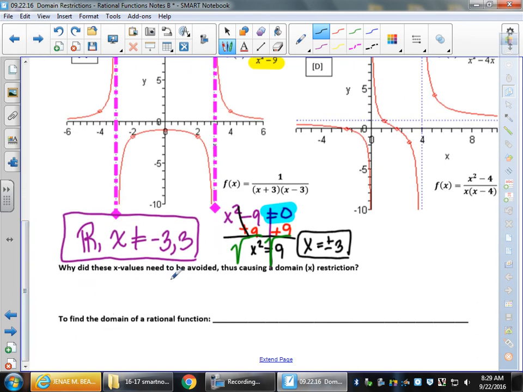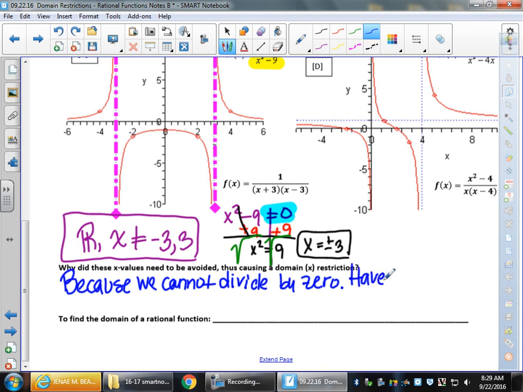Why did these x values have to be avoided? Because, good job, we cannot divide. This is the big idea today. We cannot divide by 0.